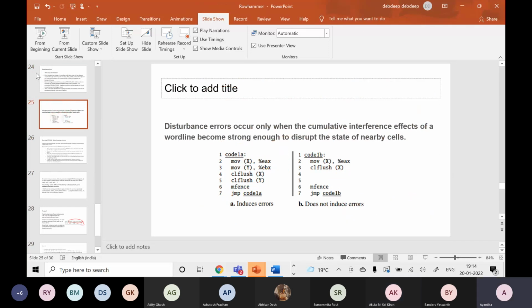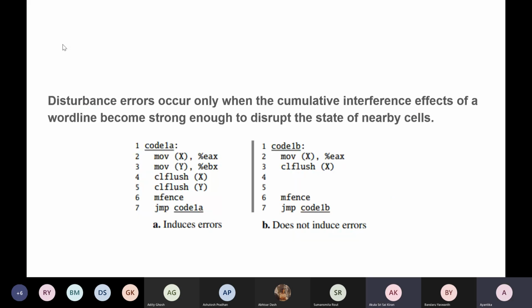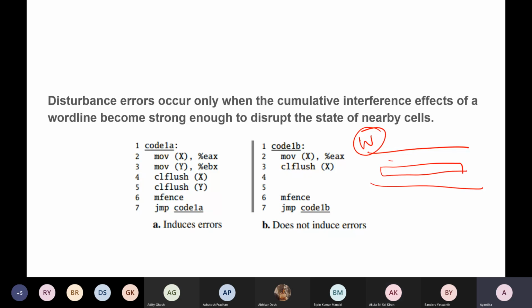Code B, you are asking. For code B, when there is a toggle in the word line, only then is that intermediate discharging or charging affected. The charging and discharging was always there, but it gets faster with the toggle.